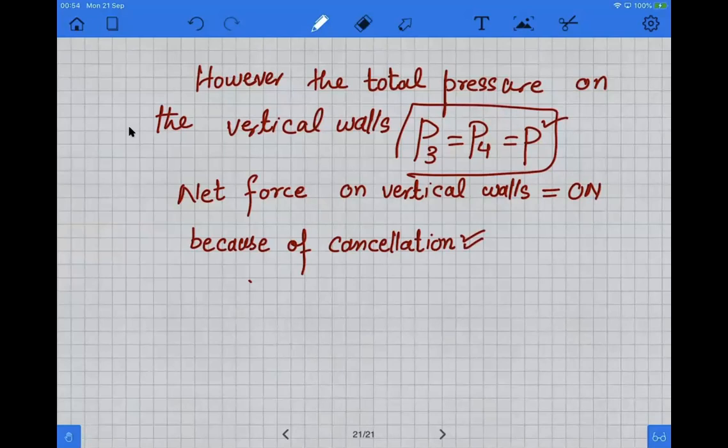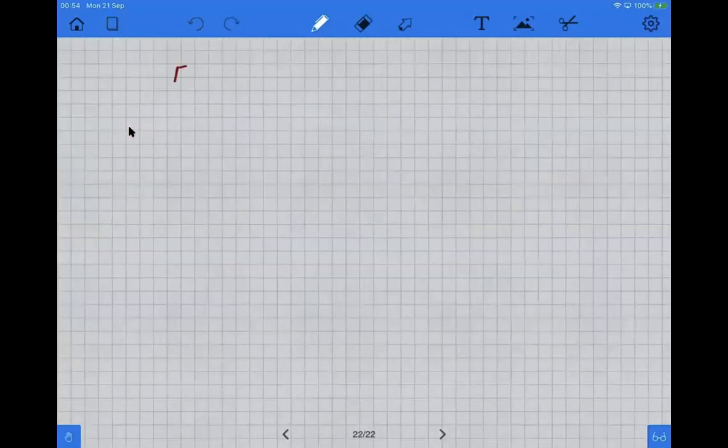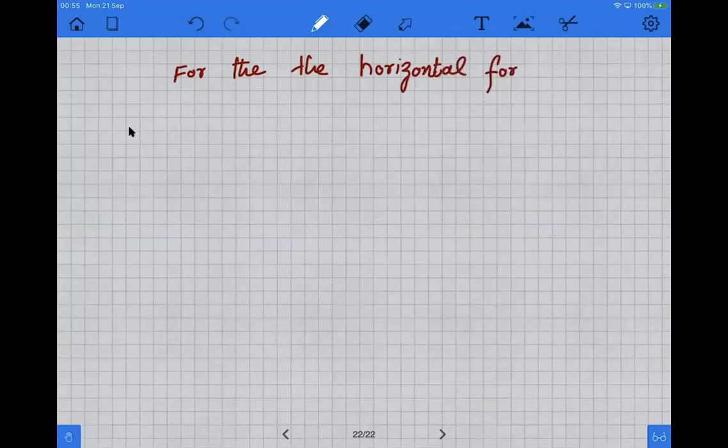So the cancellation is the factor which makes the net force 0 on the vertical walls. Now let's go with the horizontal walls. For the horizontal faces, there are 4 vertical faces and there are 2 horizontal faces. On the vertical faces, the force is cancelled out, while the pressure remains. Pressure on all the 4 walls is the same as pressure on any one of the walls.